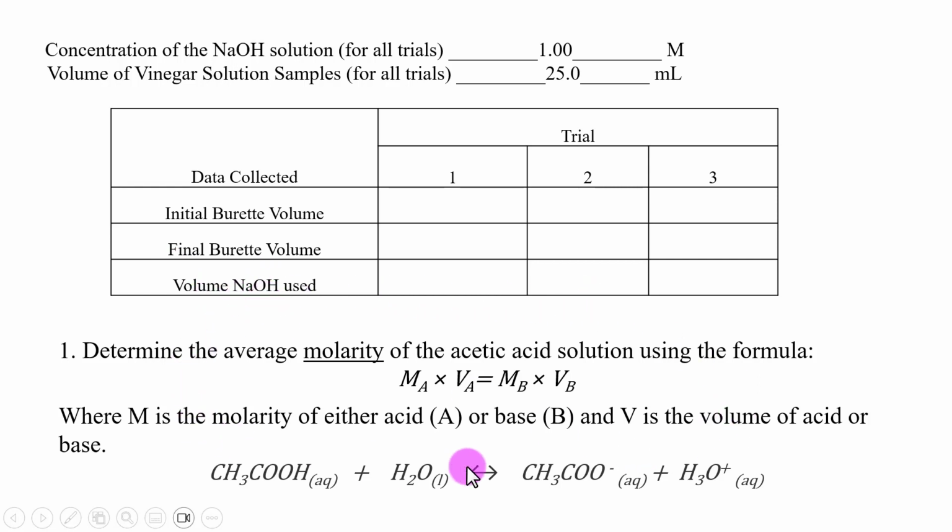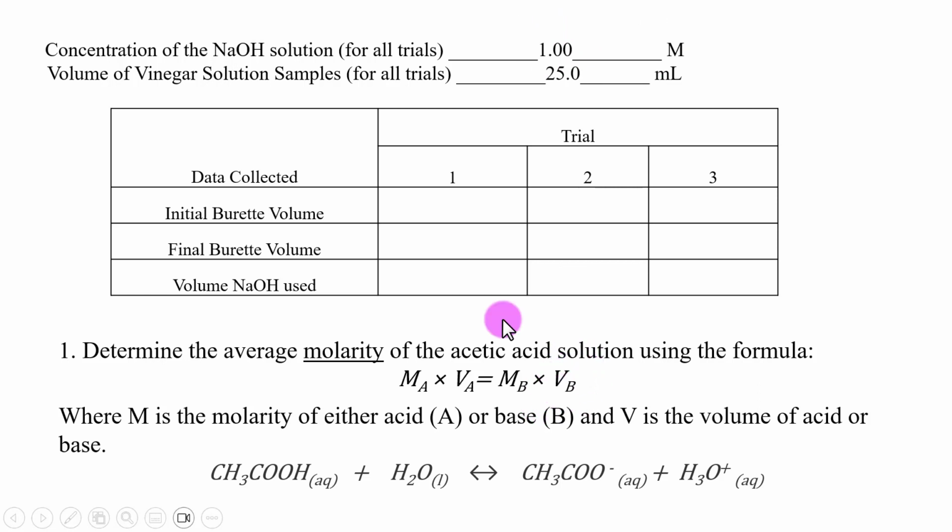Then this is what your lab report is going to look like. Question 1, determine the average molarity of the acetic acid solution using this formula over here, where you have the molarity of your acid multiplied by the volume of your acid is equal to the molarity of the base times the volume of the base. We said that the molarity of the base is the same for all three trials and is given to you as 1 molar.